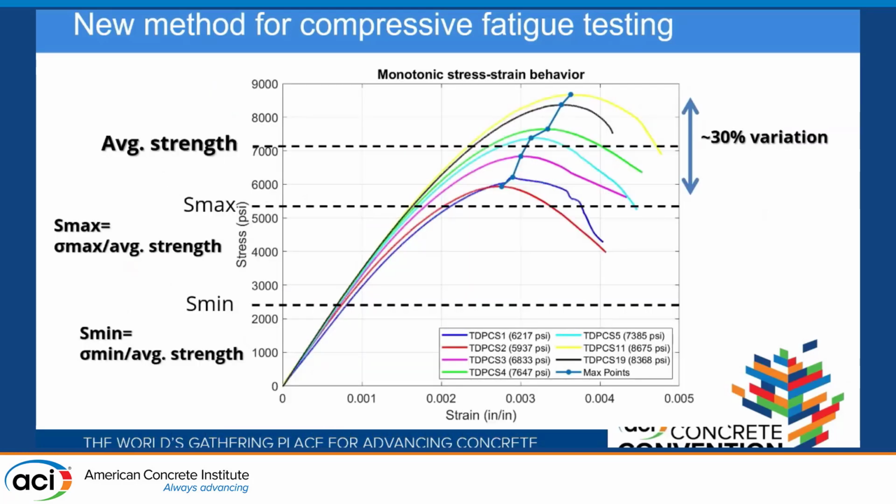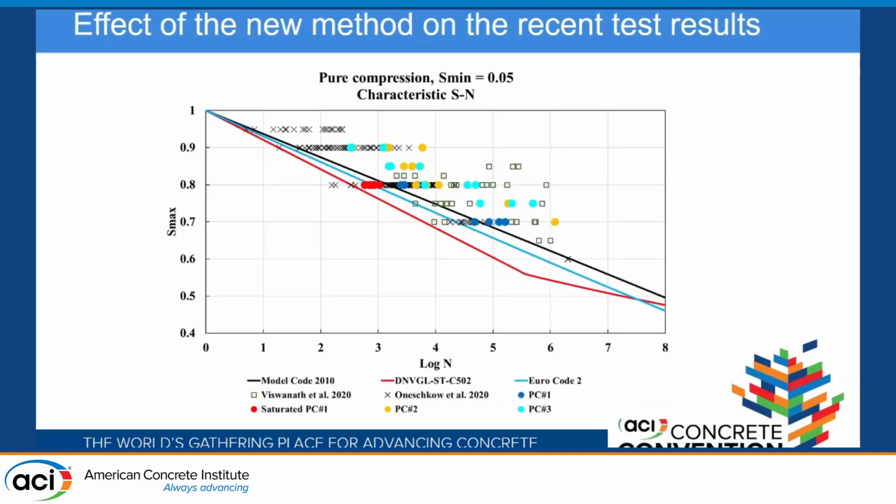This is another plot, for 3D printed concrete. In 3D printed concrete, the variation is very high, plus or minus 50%, or almost 30%. So having a sense of strength would affect the result a lot. This plot shows an S-N curve. I'm showing the Model Code, DNV, and Eurocode, and we have 2 sets of data from previous work at the University of Hanover and the University of Illinois.